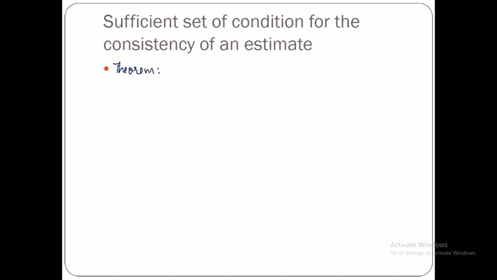If expectation of Tn is equal to theta, or if expectation of Tn tends to theta, and variance of Tn tends to 0.